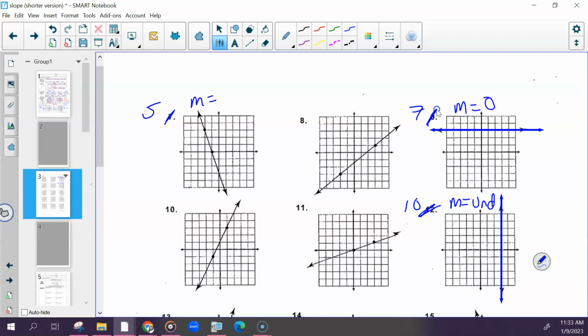So here we're going down and then to the right. So rise over run, 3 over 1, but it's negative, and simplify it. Negative 3.